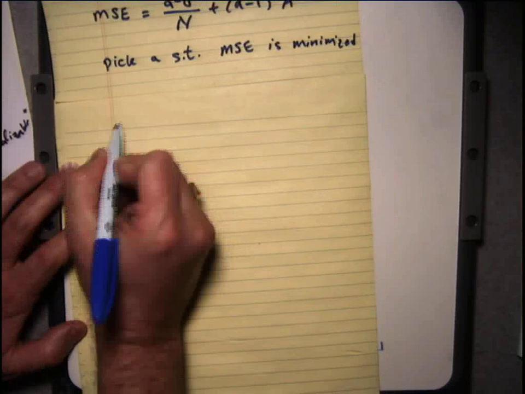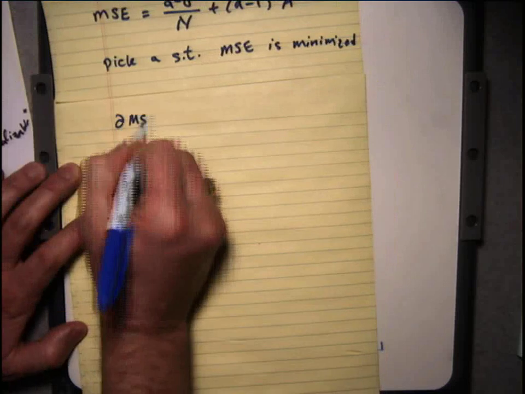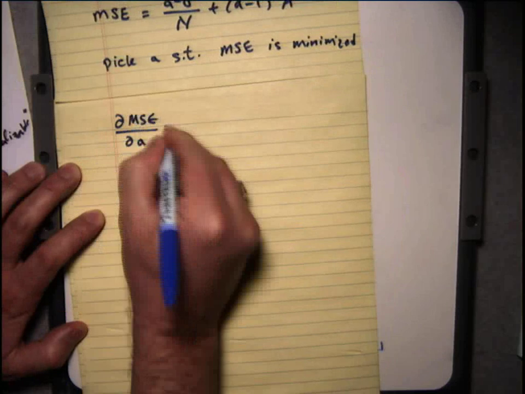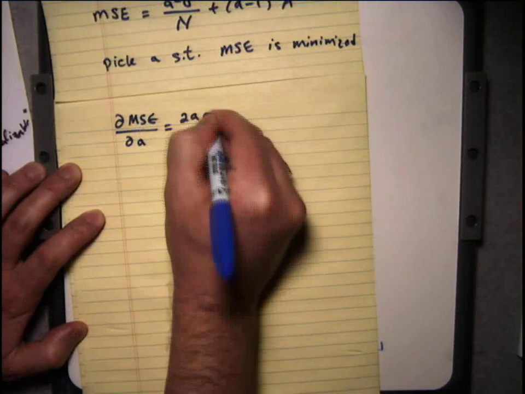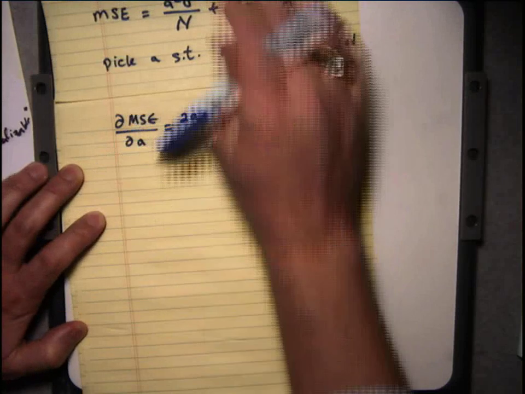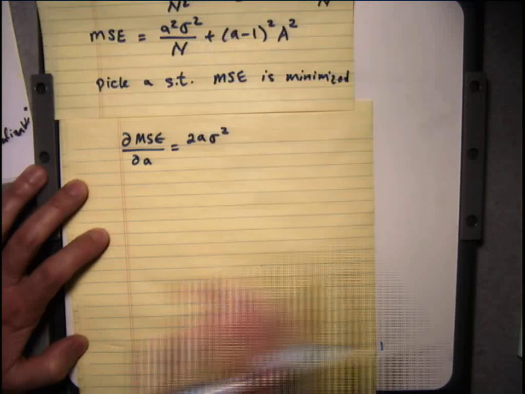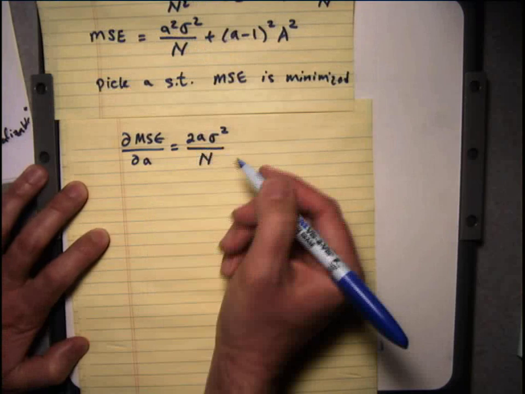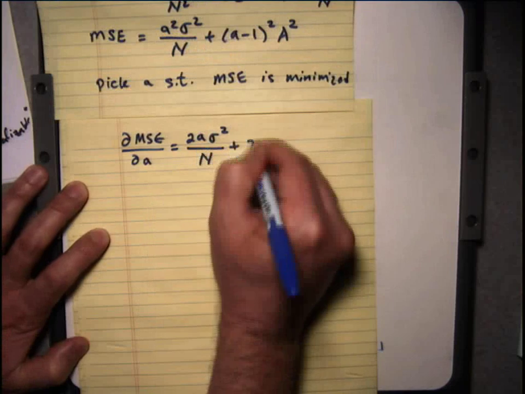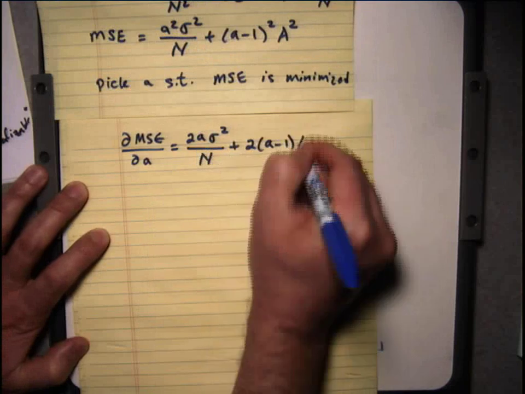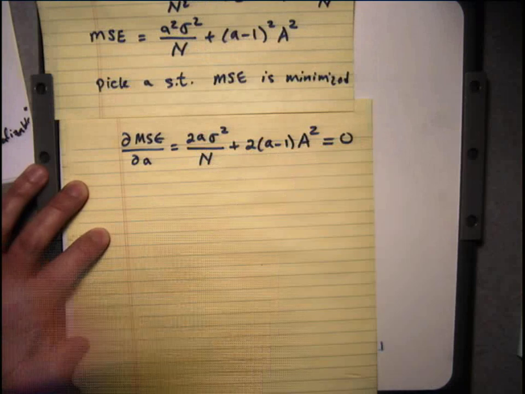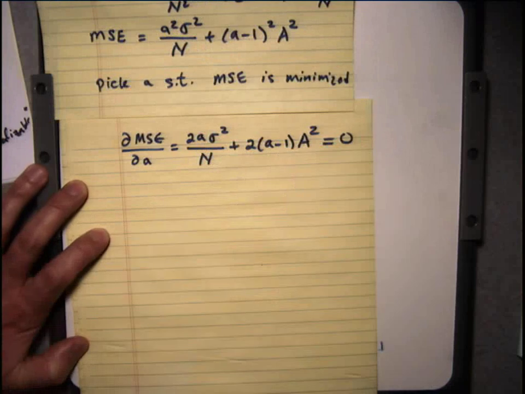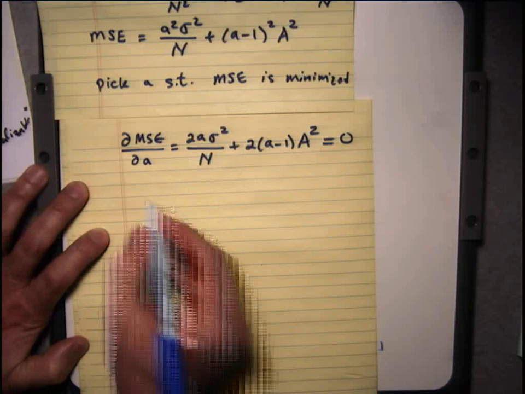So differentiating the mean squared error with respect to a, 2a sigma squared over n plus 2 times (a minus 1) times capital A squared. You set this equal to 0, and you can check the second derivative also to make sure that you in fact are getting your minimum.